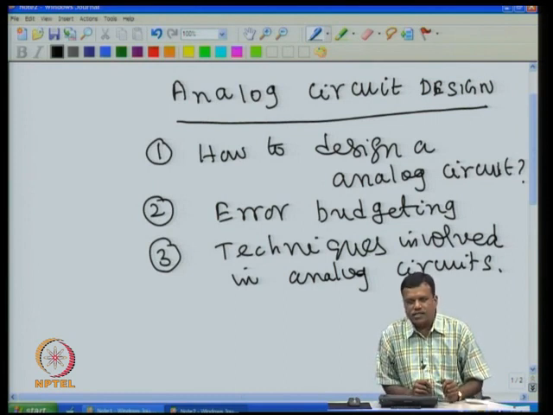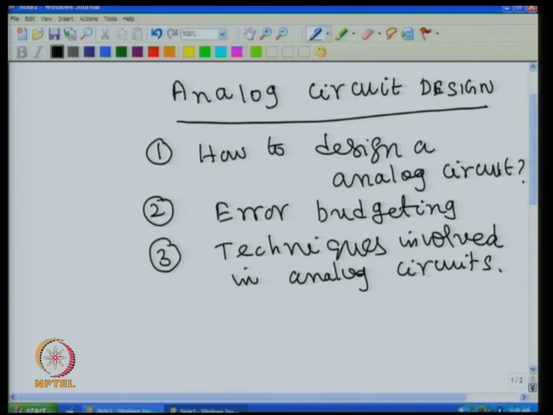Analog circuit design is partly art, partly science, because you need a lot of analytical thinking to put these components together in a working manner so that you get the desired result. Designing an analog circuit needs a lot of analytical thinking and a lot of experience as well. So you have to keep doing many circuits, then only it will come to you.